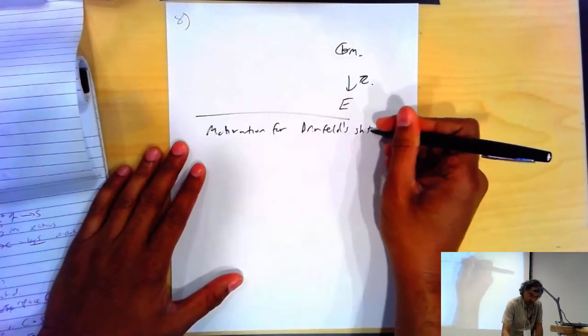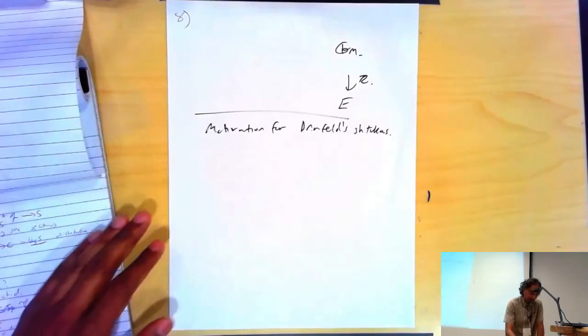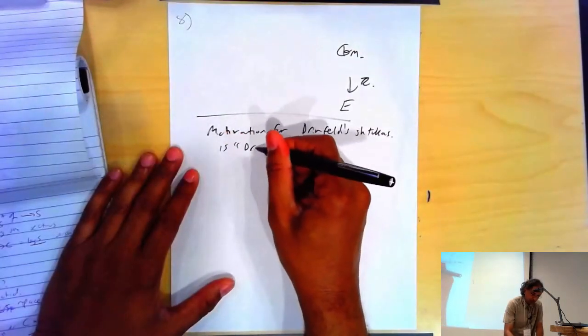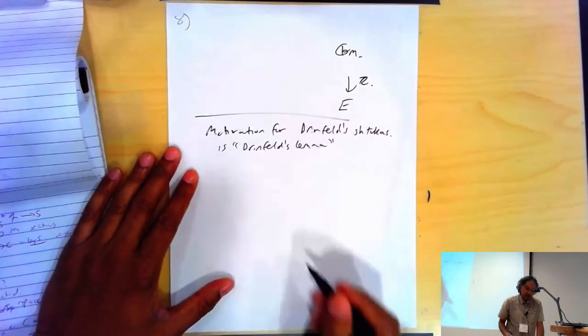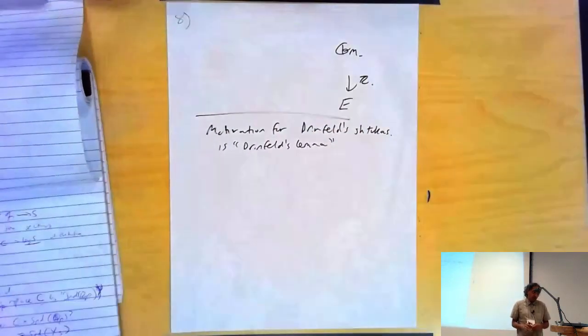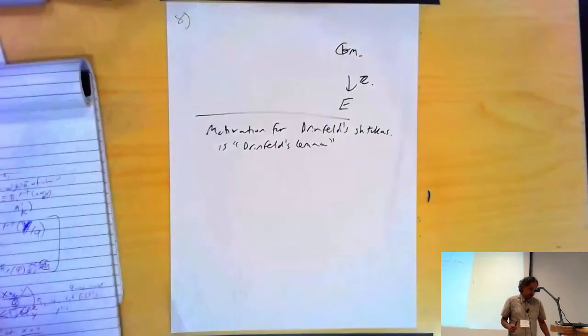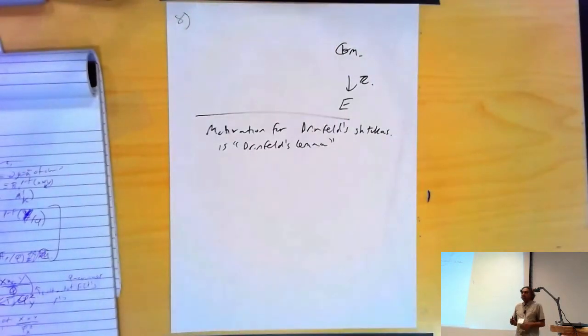When Drinfeld originally introduced this concept of a shtuka, the motivation is a fact nowadays called Drinfeld's lemma, which basically says the following. In characteristic 0, at least, profinite fundamental groups of varieties over an algebraically closed field behave like topological things.